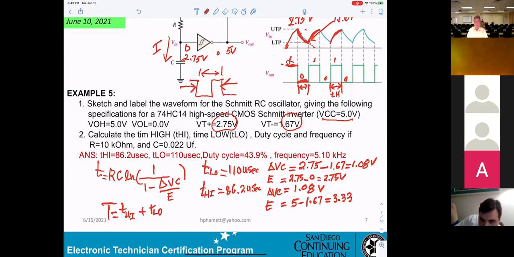That gives you the period. And if you want the frequency, F equals 1 over T, that will give you the frequency.